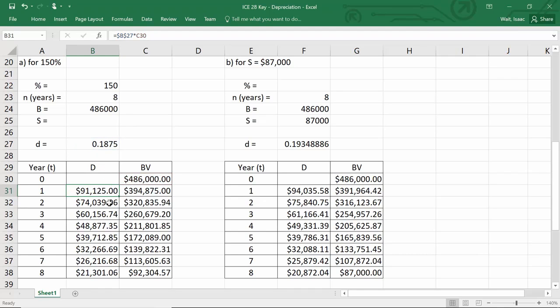Each year looks at the previous year's book value to calculate the depreciation in that year. So depreciation in year 3 is the depreciation factor multiplied by the book value in year 2. I'll also bring up the hand solution in a moment, but if you want to set this up in Excel, this is the approach you could follow.